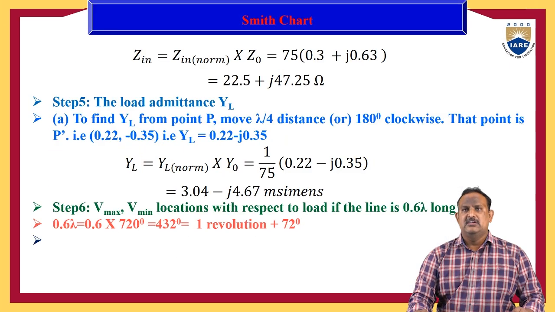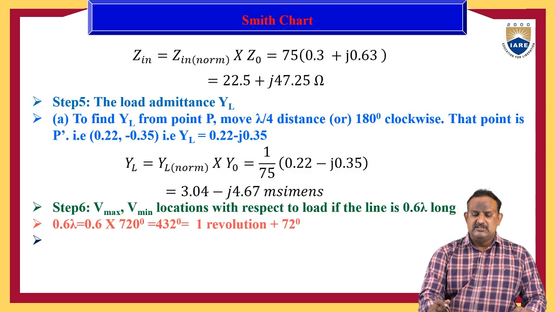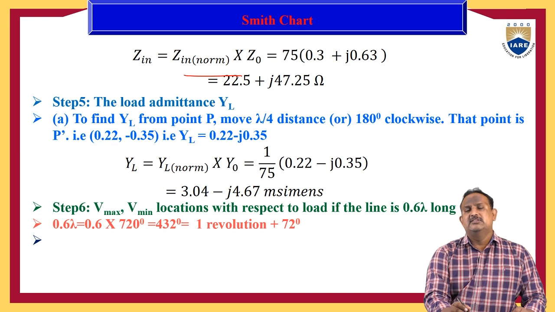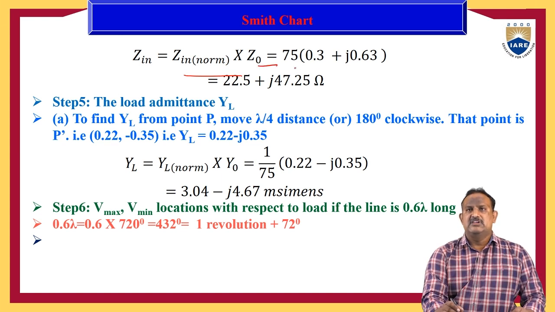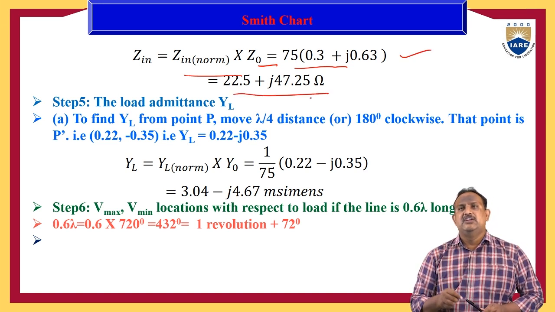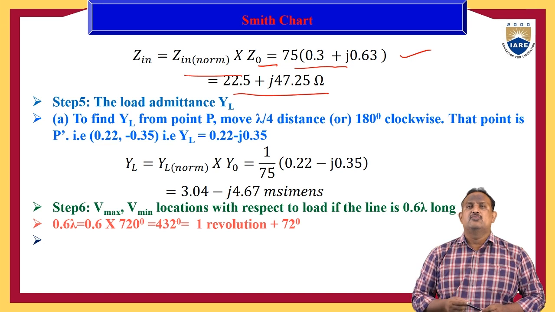From that we can find the input impedance. The input impedance equals the normalized input impedance into Z0, so 75 into 0.3 plus j0.63. Therefore, the input impedance equals 22.5 plus j47.25 ohms.